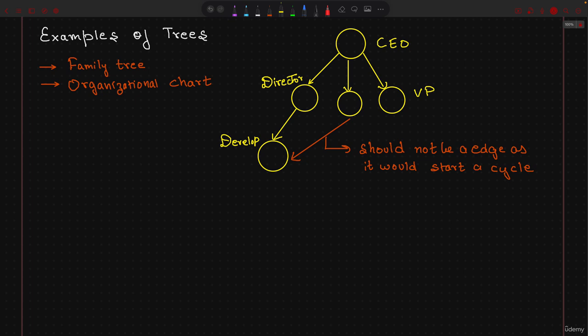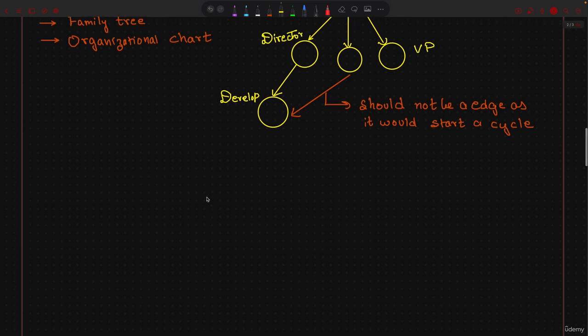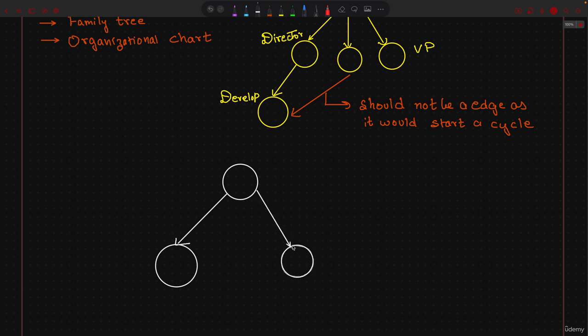One more way to look at trees, and a very important way rather, is that we can imagine a tree something like this as well. Each and every tree which we have can be said to consist of multiple subtrees, right? So let's say this is one node. Then we have this particular node and this particular node as well, right?